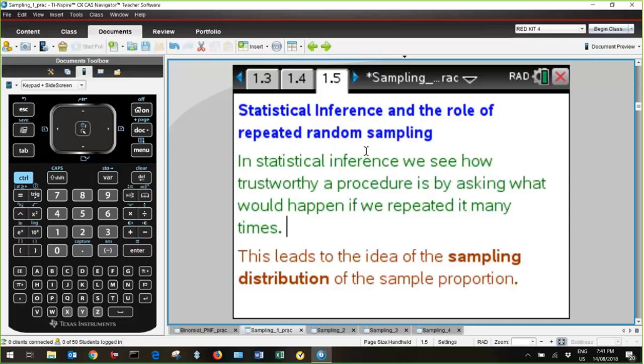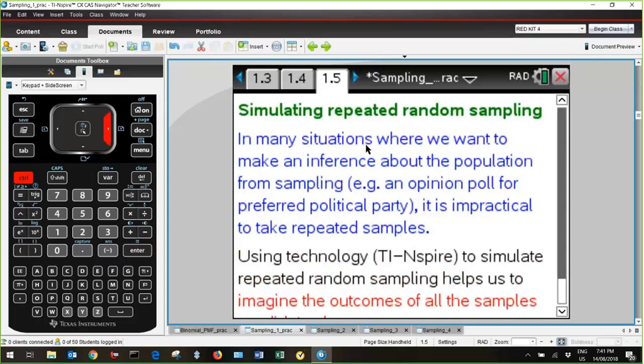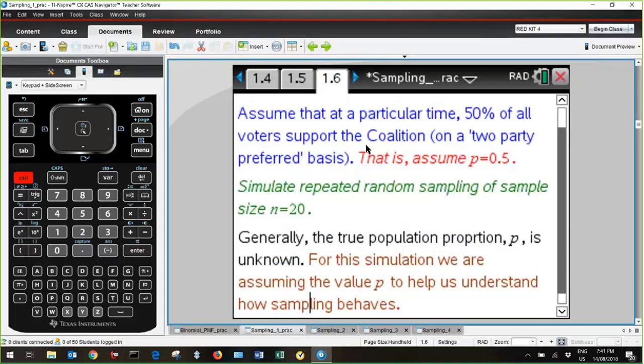Okay, so we're going to have a look at repeated random sampling, because in statistical inference, we see how reliable something is by seeing what happens if we repeat it many times. In this simulation, we're going to assume that at a particular time, the population proportion of coalition supporters is 0.5, and we're going to take surveys of sample size 20.